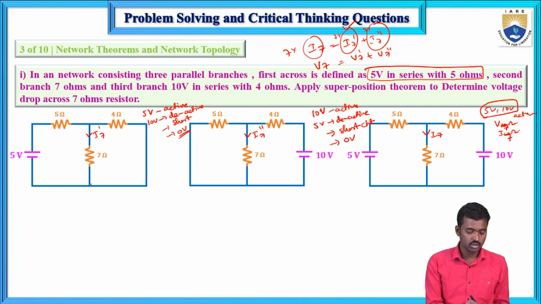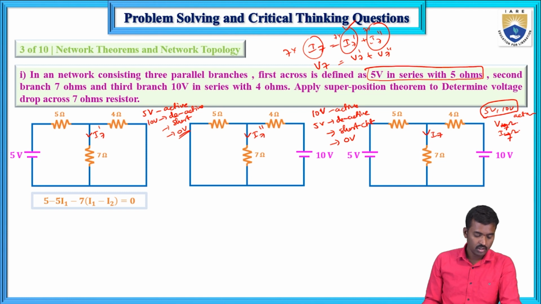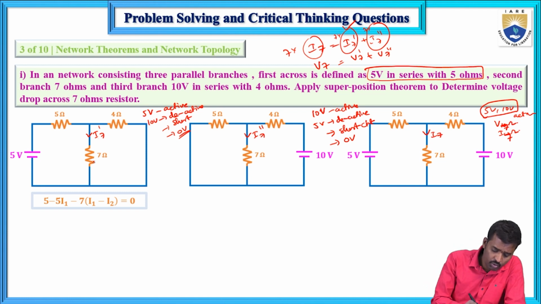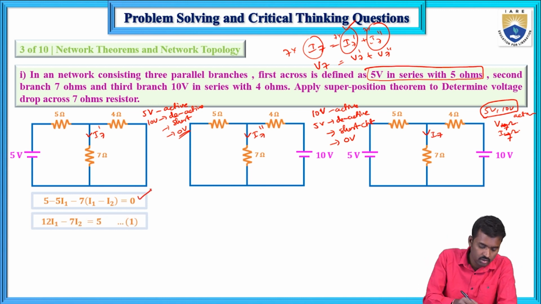For this first circuit, if you apply KVL, then you can easily calculate the 7 ohms current. So 5 minus 5I1, and 7 into I1 minus I2 is the first equation. The simplified equation is 12 I1 minus 7 I2 equals 5.